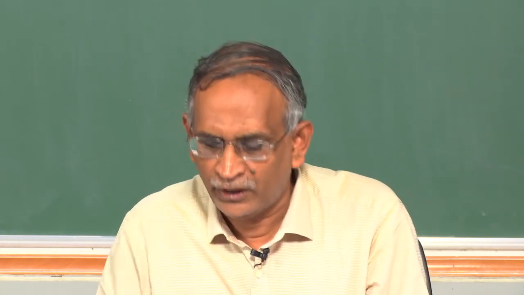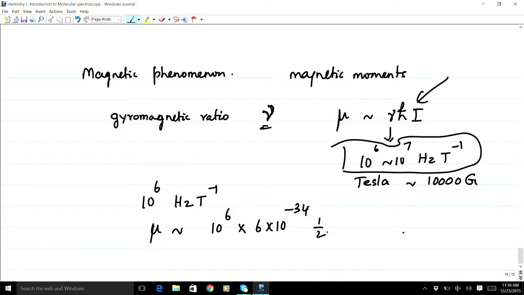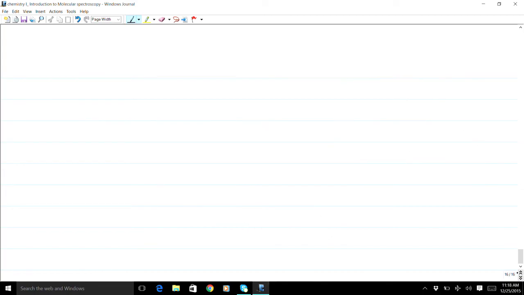These are properties we will study. So, even if we assume 1 half as the spin quantum number associated with the nucleus, you are looking at energy ranges between energy levels which correspond to a half configuration and a minus half configuration.